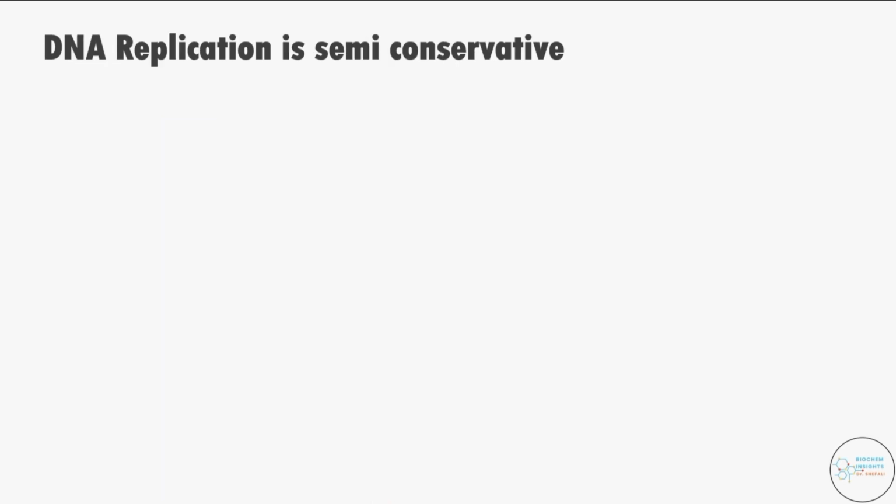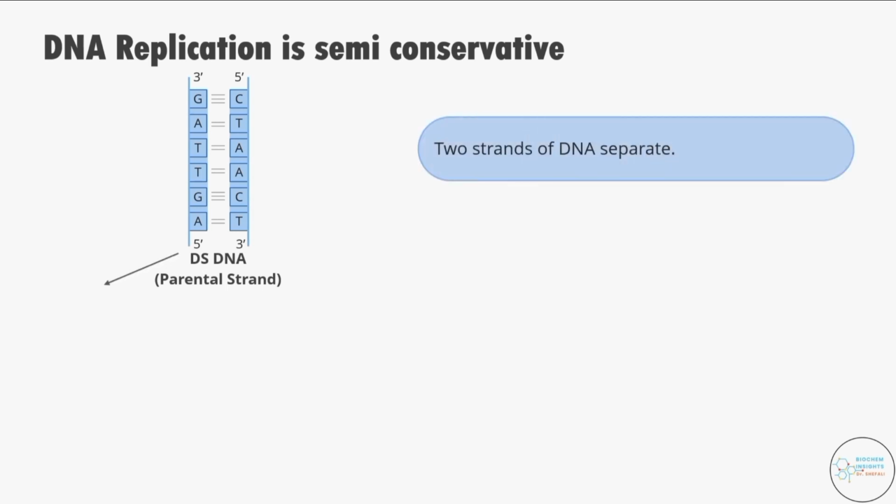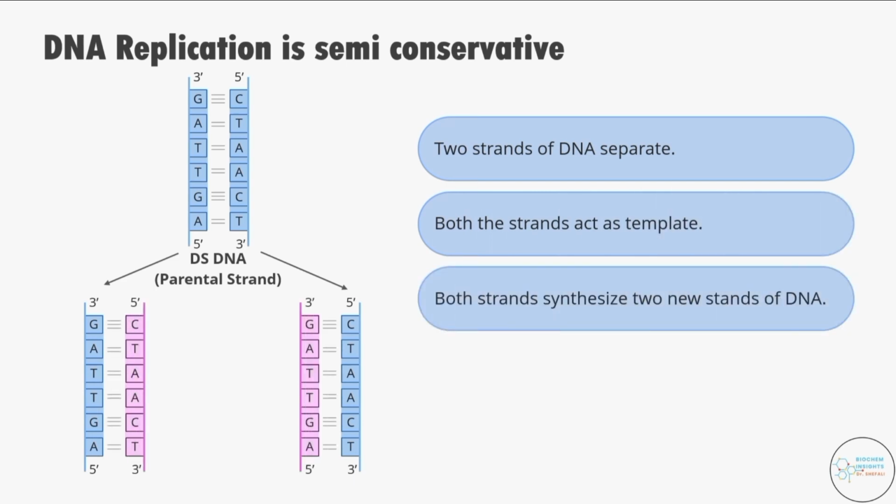Now let's see why DNA replication is semi-conservative. During DNA replication, each of the two strands that make up the double helix first separate and serve as a template from which new strands are copied. The new strands that are synthesized will be complementary to the parental strand.